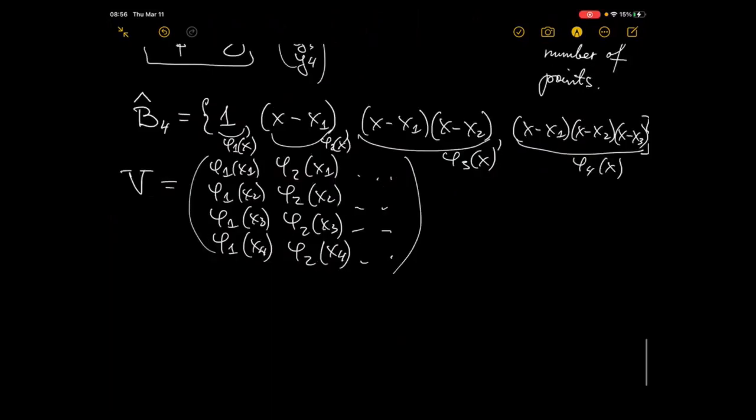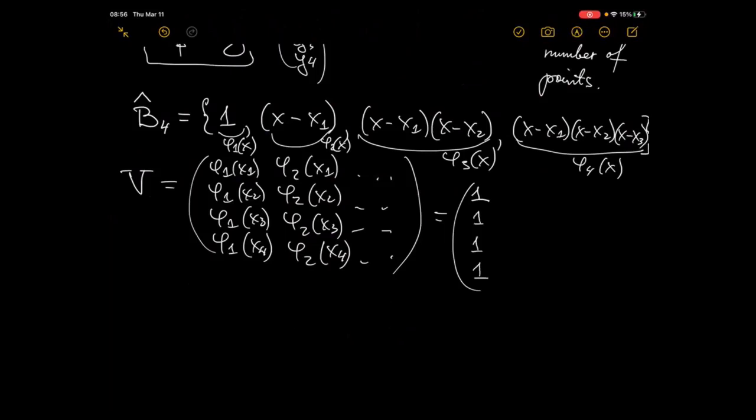Now, have a look. I will get the following matrix: 1, right? Okay, so 1, 1, 1, 1. It's easy. Now have a look.